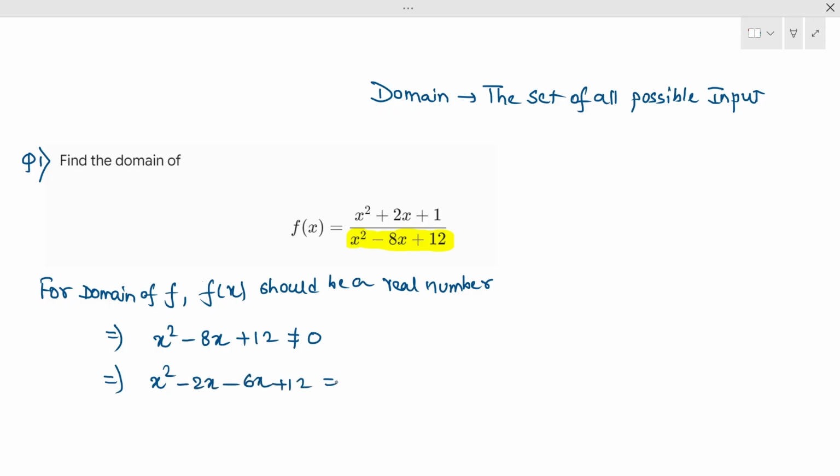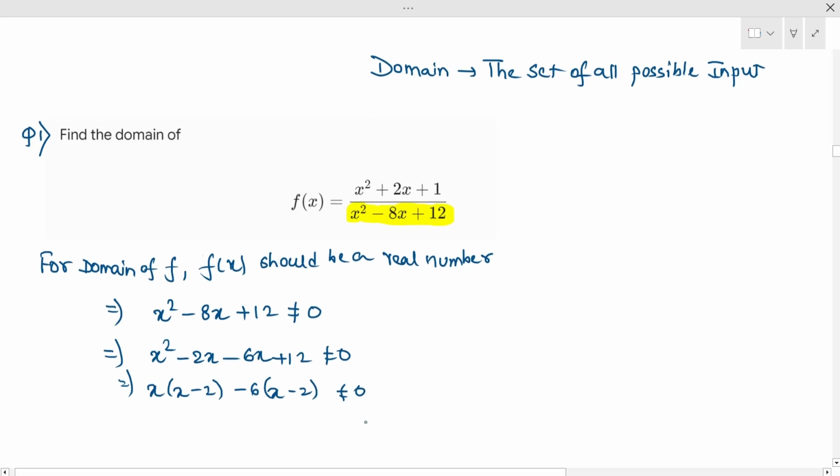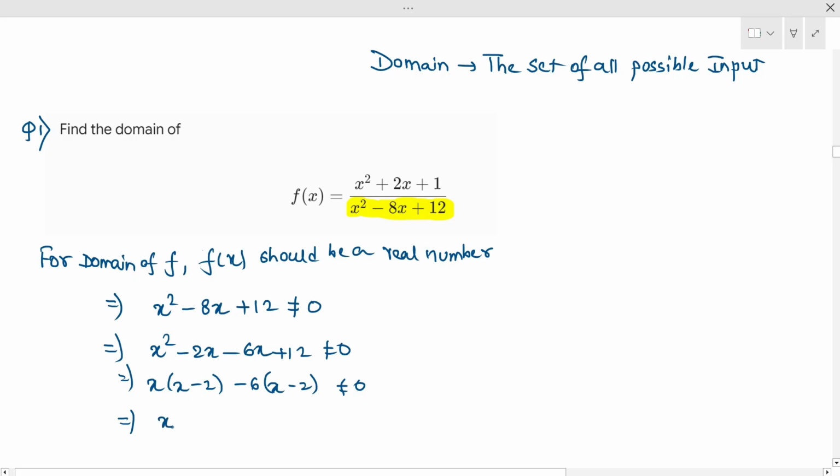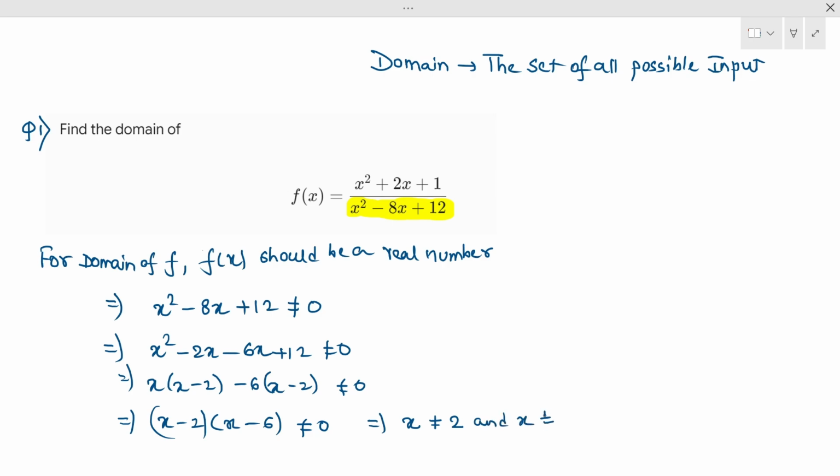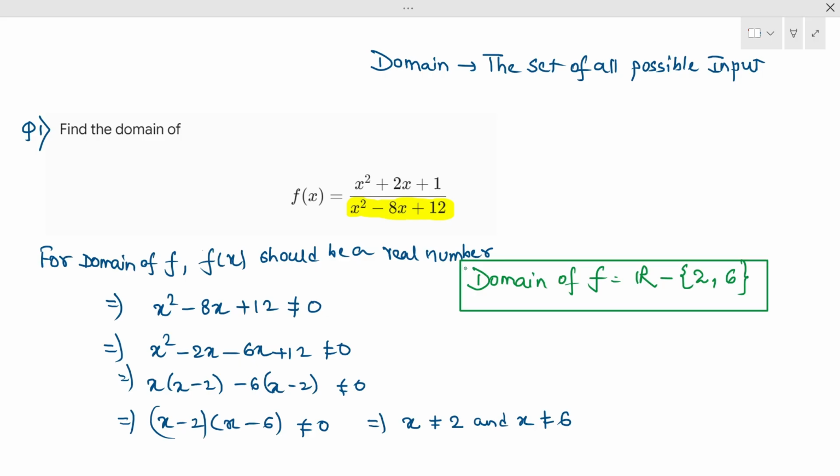And if we solve this, x will get common: x(x − 2) − 6(x − 2) is not equal to 0, right? So from here we can factorize them as (x − 2)(x − 6) not equal to 0, which means that x cannot be equal to 2 and x cannot be equal to 6. So what will be the domain for this? The domain will be all real numbers except 2 and 6. So this is the domain of the function f, right?